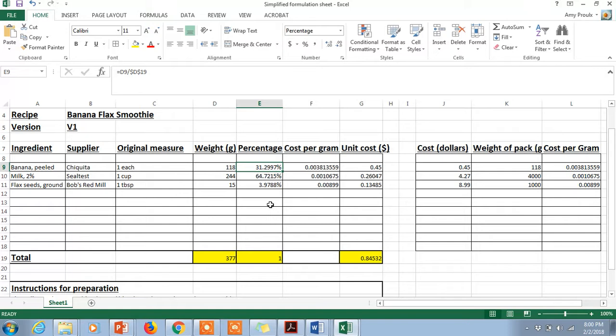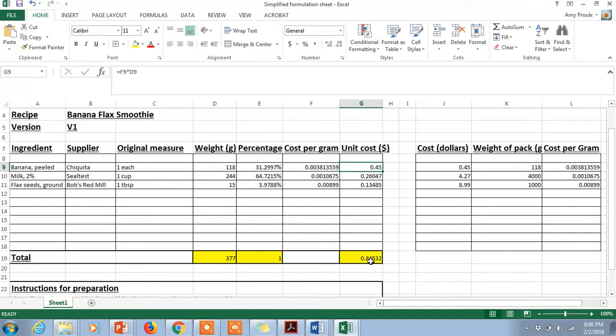So in general, I always say leave at least 4 significant digits and do not worry about it. I transferred our cost per gram over from the calculation that we did before, and that cost per gram is what we're multiplying against the weight. So you can see that calculation here. Cell F9 multiplied by cell D9 to get our unit cost.